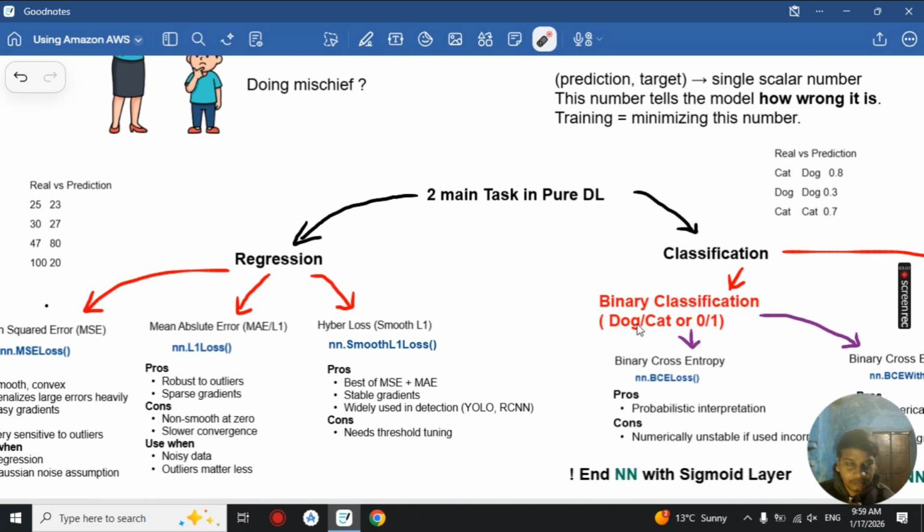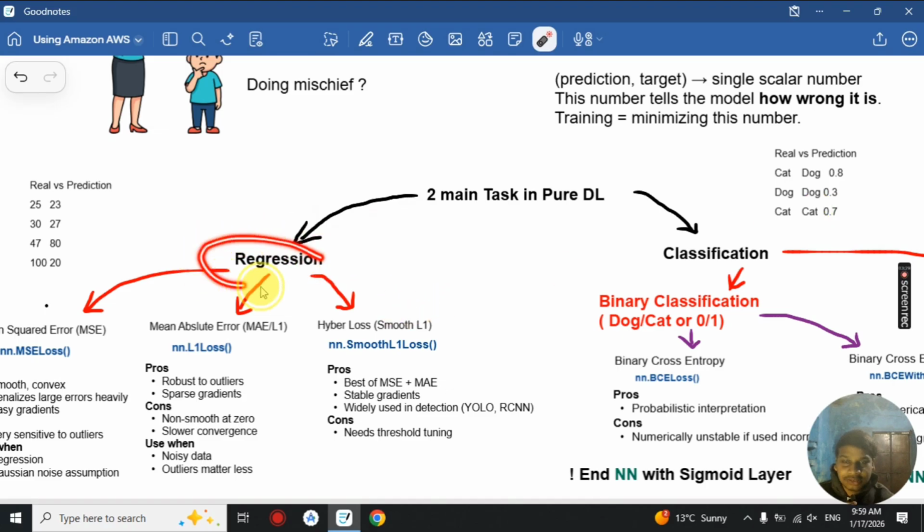Now, what types of loss function are there? Since pure deep learning or pure machine learning has two main tasks, first is regression and second is classification. You must have known about both.